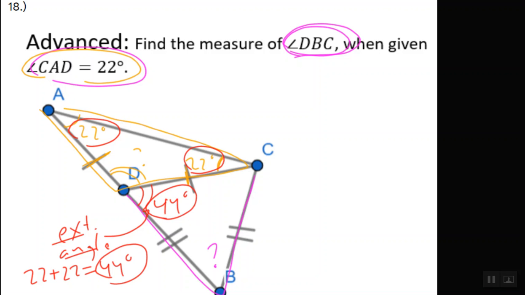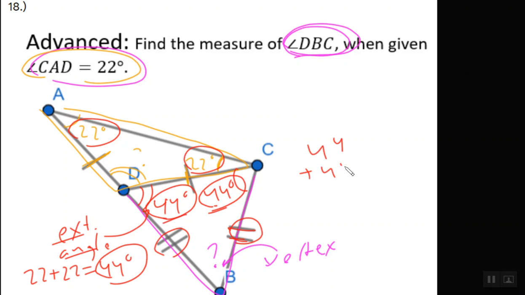Now from here, notice we're inside another isosceles triangle, where here is the base angle as well. So in this case, now that we have two base angles and we are in fact trying to find the vertex angle of this second isosceles triangle, what are we going to do? Well, I add 44 plus 44, which is of course going to be 88.